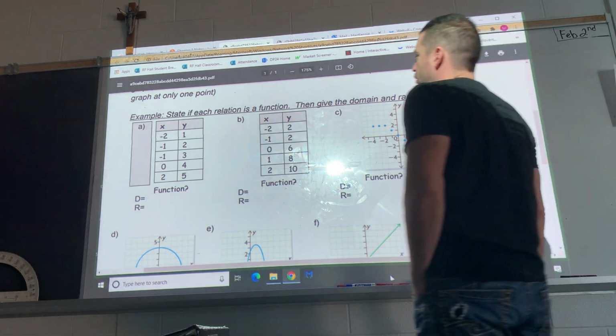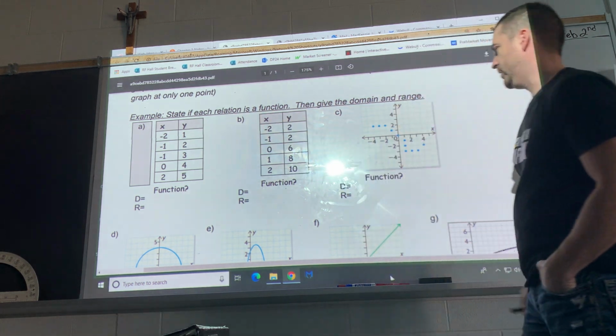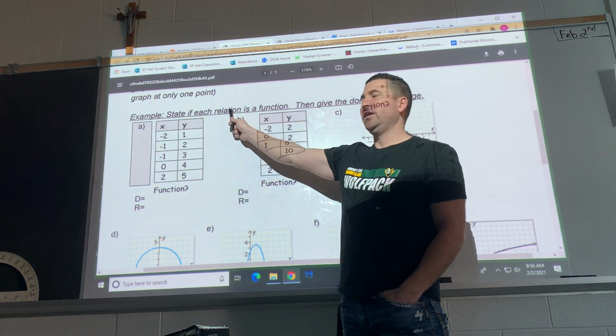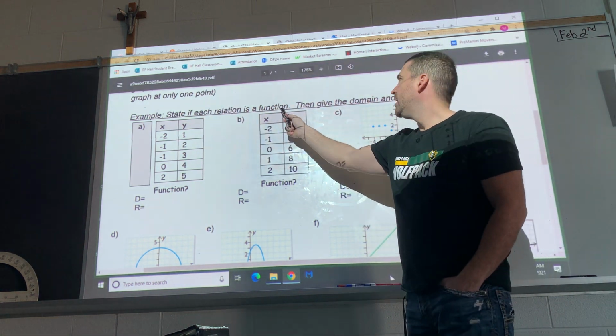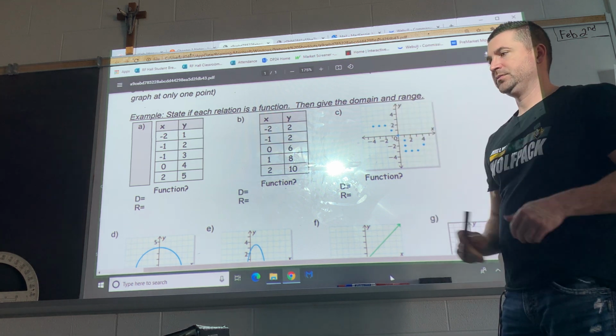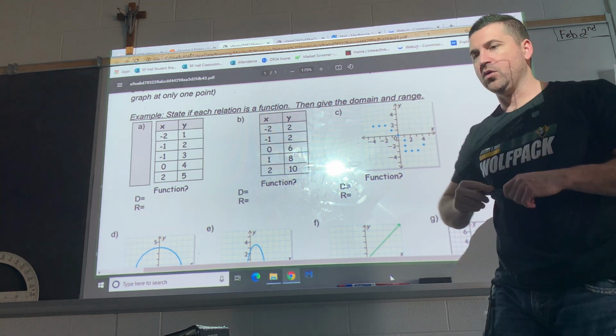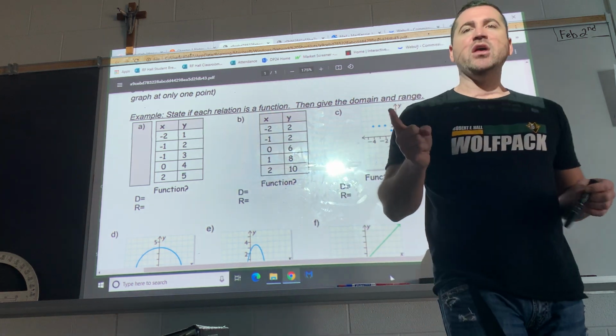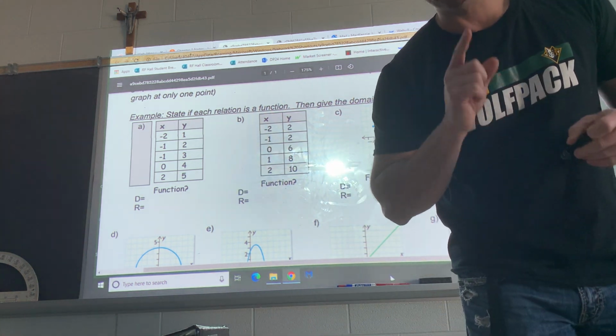We're going to go through each example. There are seven of them. We're going to state if the relation is a function, and then we're going to do the domain and range. For the first two, what we're looking for is: does every x value only have one y value?